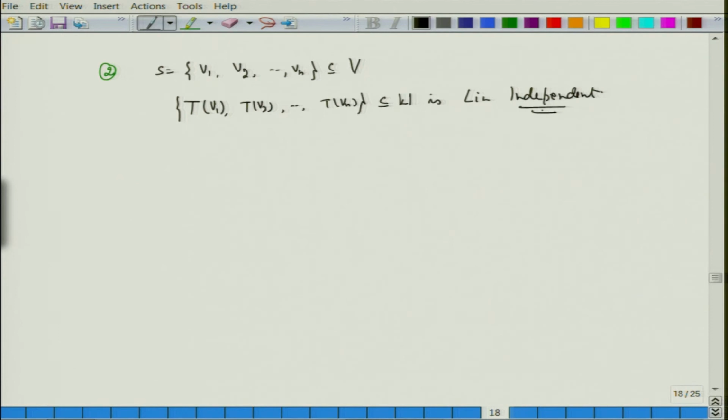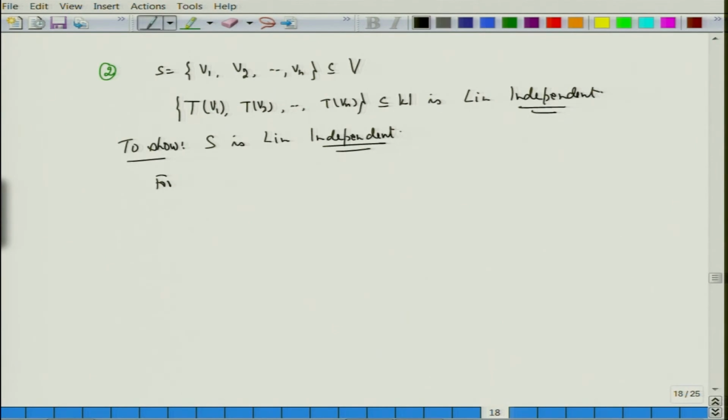This is given to me. I have to show S is linearly independent. Fine. So, again, since I have to look at linear independence or dependence, I will have to look at the system of equations.